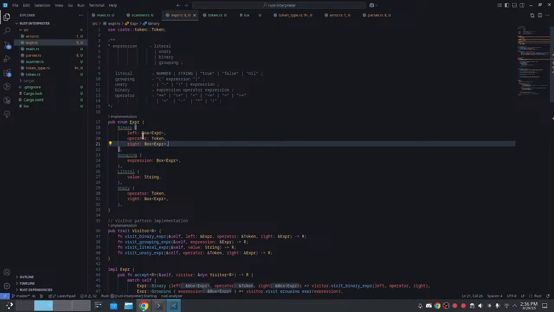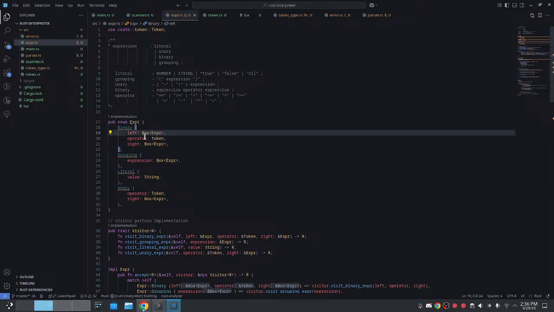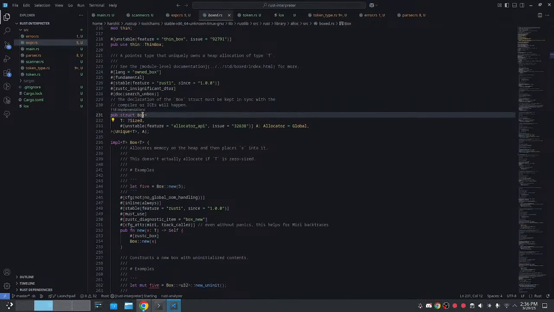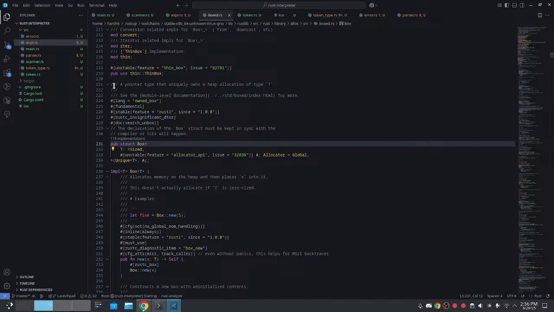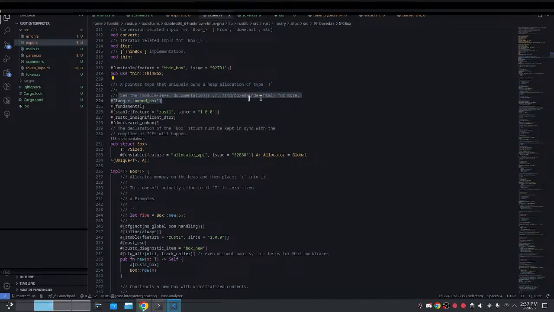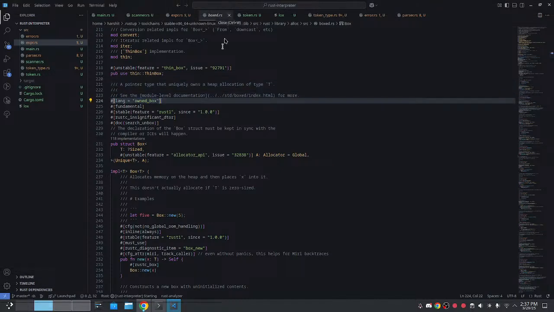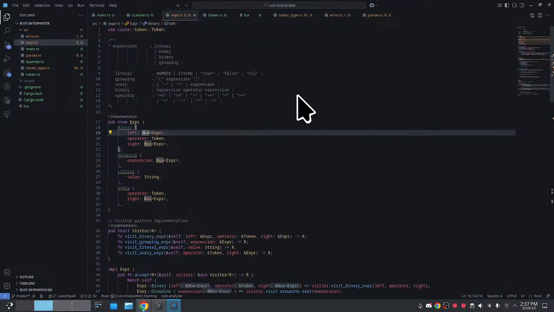So we just allocate this memory to the heap by specifying the Box operator here. Box, not enum, but struct Box. You can read it here, it uniquely owns a heap allocation of type T. Module level documentation, I'll see it when we are done with this, and we would head on to the Rust compiler.